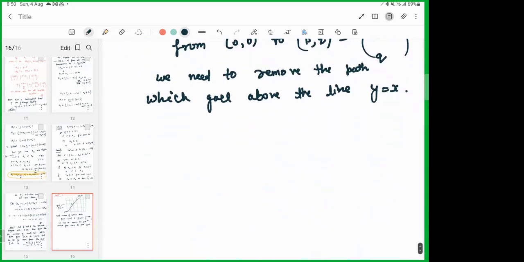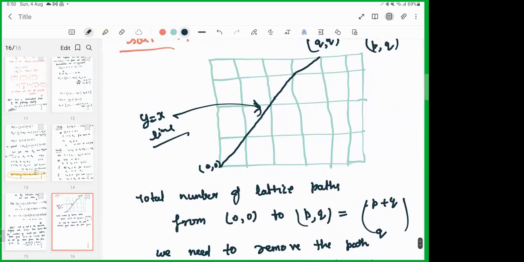So in each column, there's a first position where the path can cross for the first time. So for 0, 0, 0, 1 is the first position where it can cross the line. So this is the position.